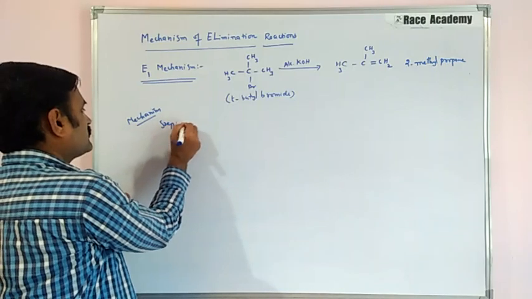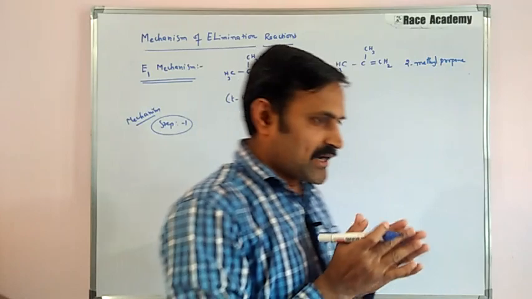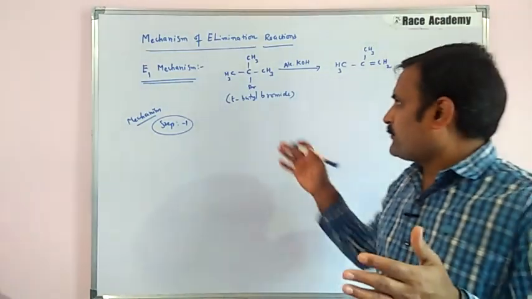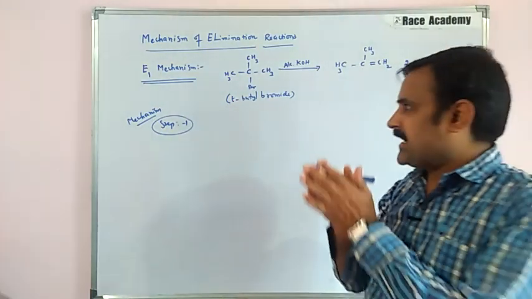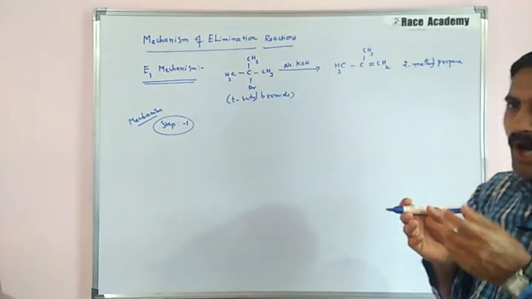Step 1. You have to separate the bond between carbon and halogen. The carbon halogen bond in the alkyl halide must be separated to prepare a carbocation.